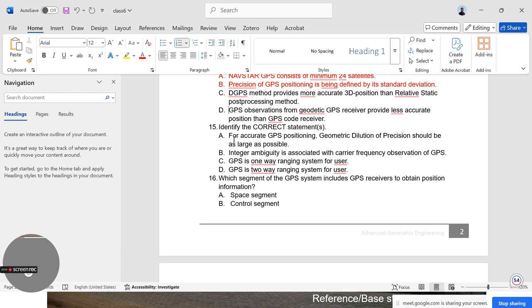When we are measuring the carrier waves, we calculate how many cycles of the wavelength passed, and then we multiply that number with the wavelength, so we get the distance. But if we have some issue in counting those numbers or if we miss something, then it will create an error in the observable, which is known as integer ambiguity. And it is related to the carrier frequency part. So this statement is correct.